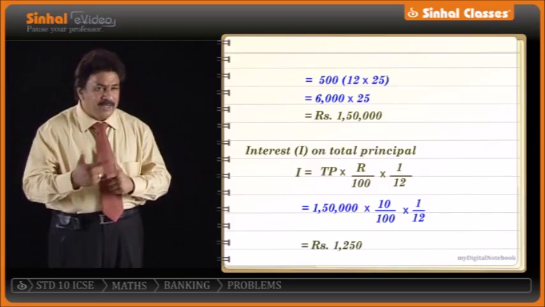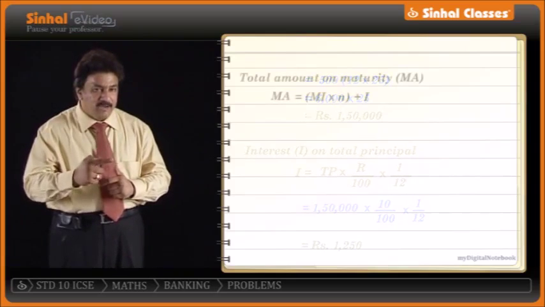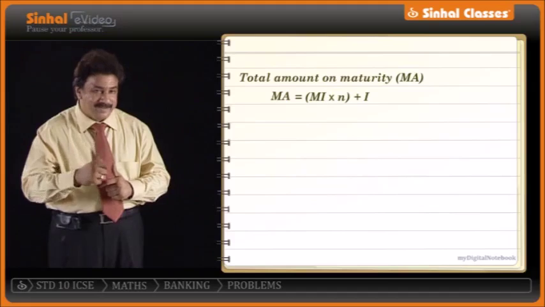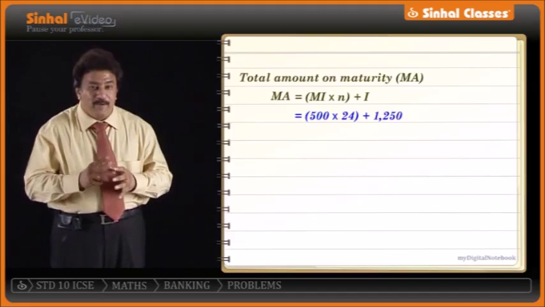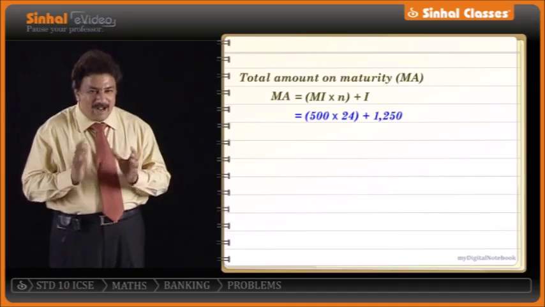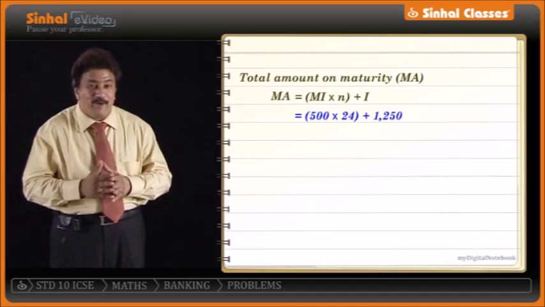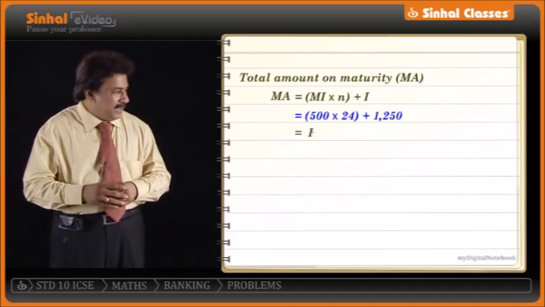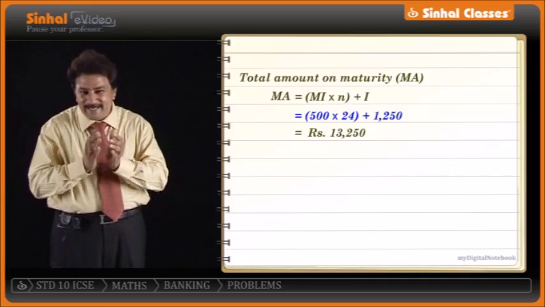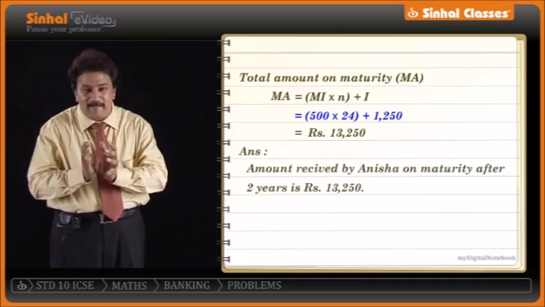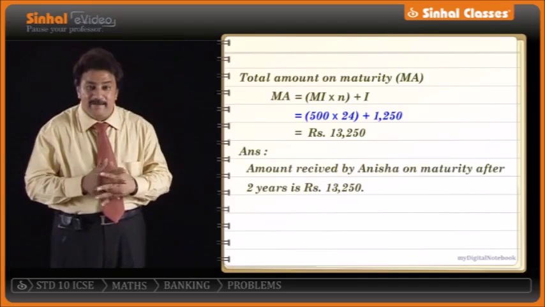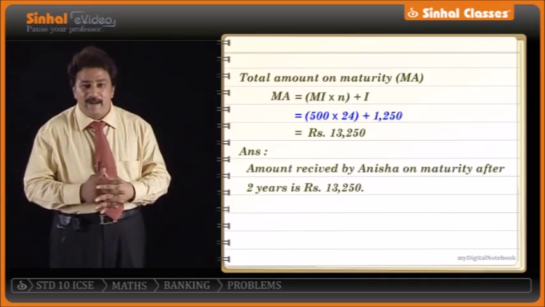But I want to find the maturity amount. That is monthly installment into number of months plus interest. That is 500 into 24 plus 1,250. After multiplication and addition of 1,250, I get 13,250. Now this 13,250 is the amount which Anisha has received from the bank after maturity of 2 years.